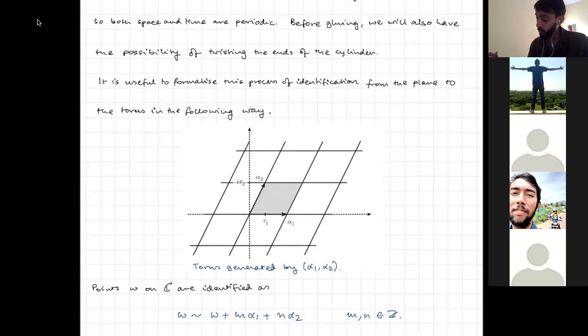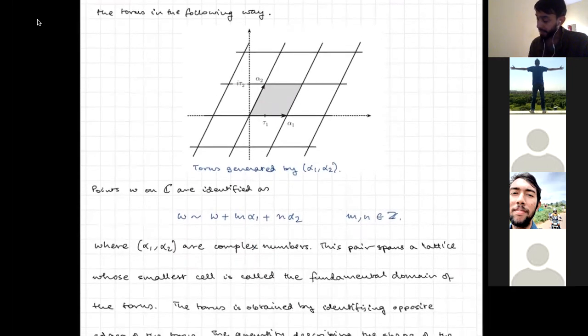So for that, what we did is we latticized the plane, and this fundamental domain was given by this particular cell, and you saw that these identifications were omega is omega plus m alpha 1 plus n alpha 2.